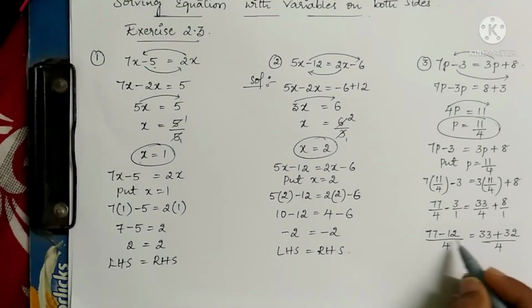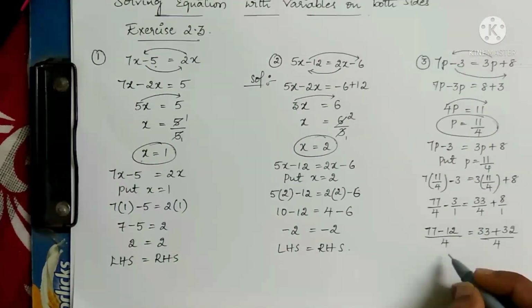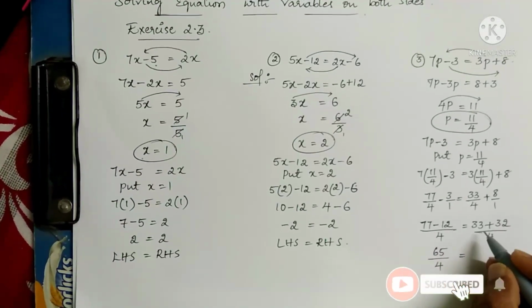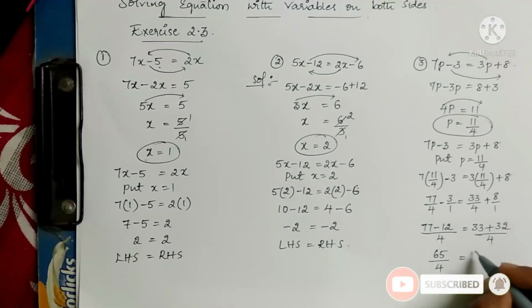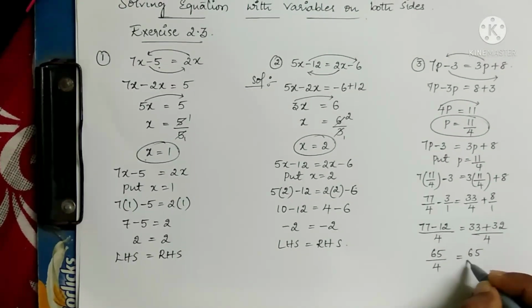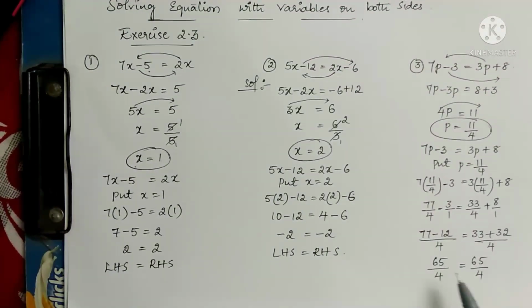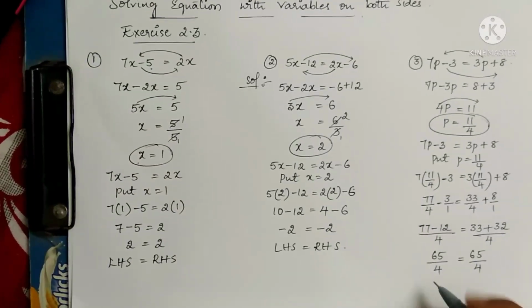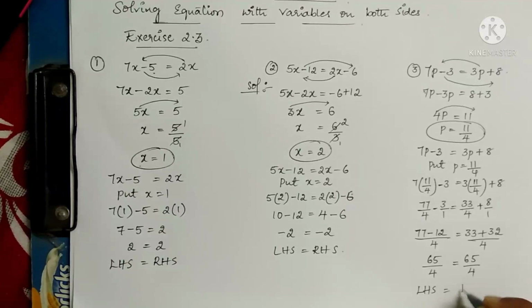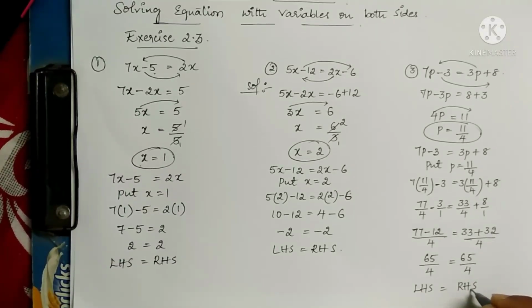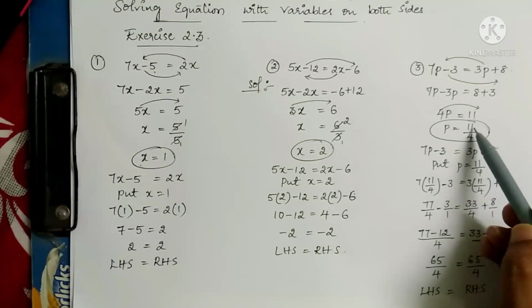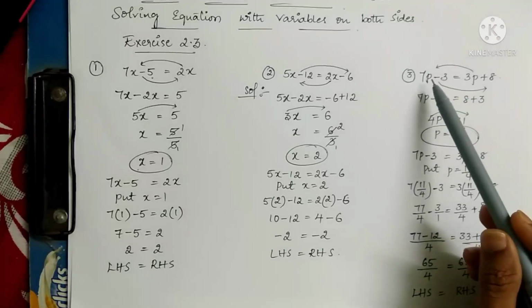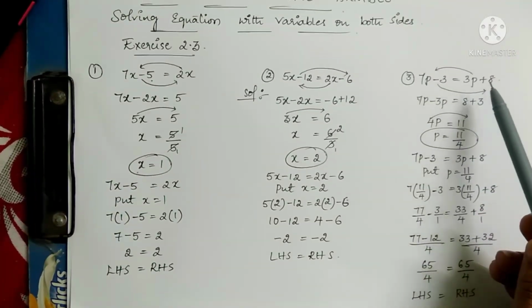Okay, now we can subtract 77 minus 12. 77 minus 12 is 65 divided by 4, as it is, and RHS is 33 plus 32. 33 plus 32 is 65 divided by 4. So you can observe in LHS and RHS we have the same values, 65 by 4 and 65 by 4. So we can say that LHS is equal to RHS. If LHS equals RHS, then the value of p satisfies the given equation. p equal to 11 by 4 satisfies 7p minus 3 is equal to 3p plus 8.